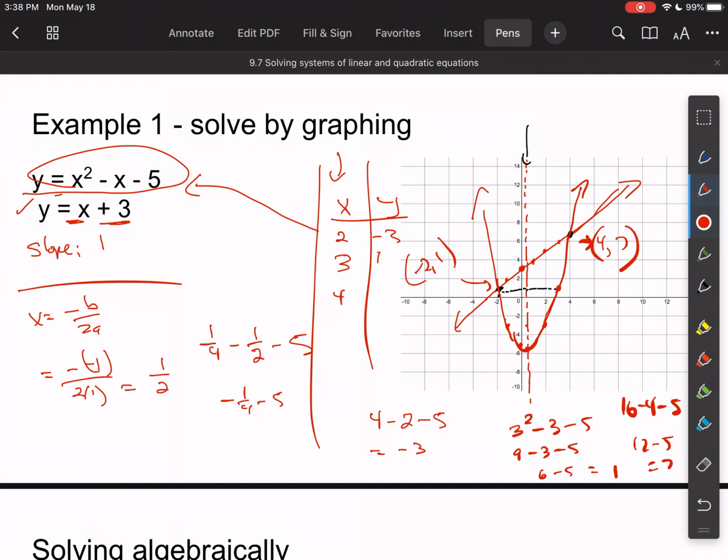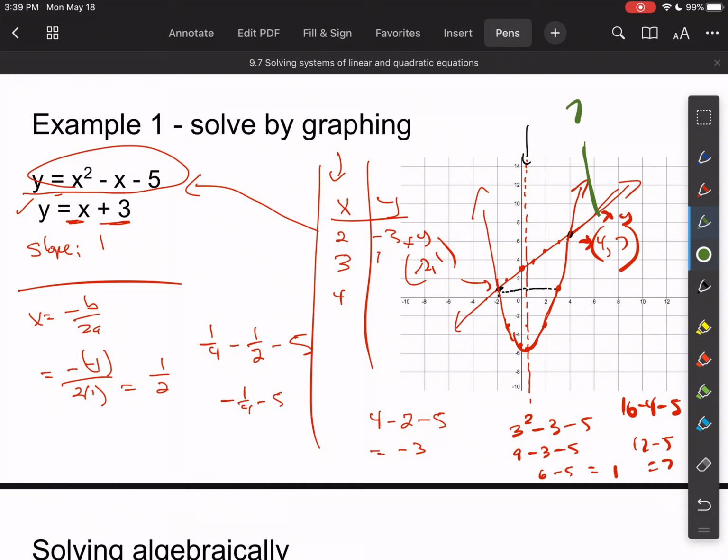So now I got to check it, right? This is x, this is y. Let's plug those things back in. I'm going to switch colors to green here just to check myself, so the check is in green. If I plug a 4 in for x, I already know I get a 7 out of my quadratic, but let's check my other equation. So I'm going to check this into my y equals x plus 3.